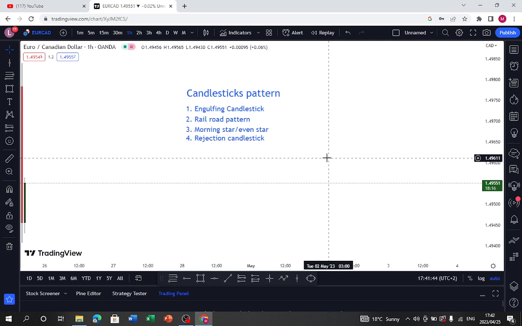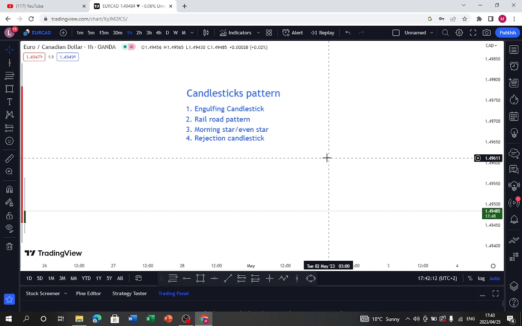When we are looking for a rejection candlestick and we want to buy, we need the market to be rejecting at a support or a demand, then create a candlestick that's gonna reject, then change the color to a bullish candlestick.